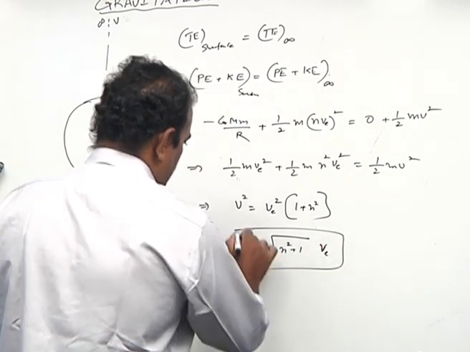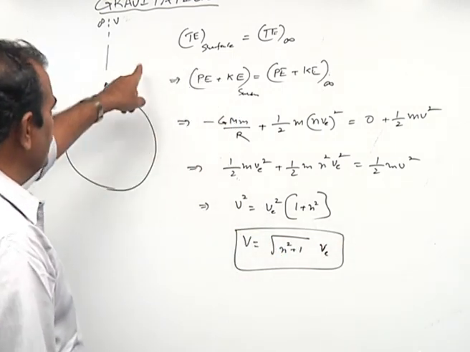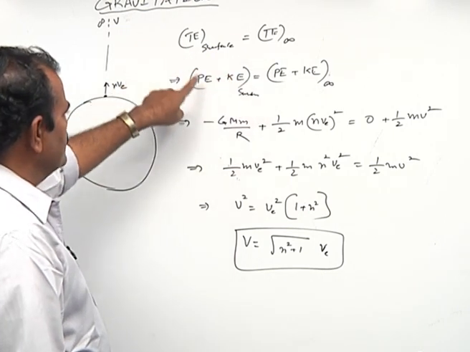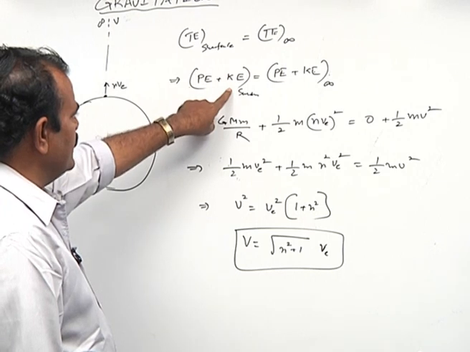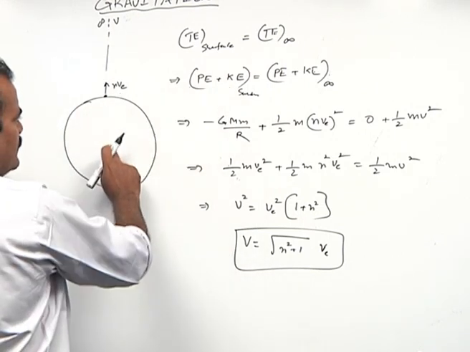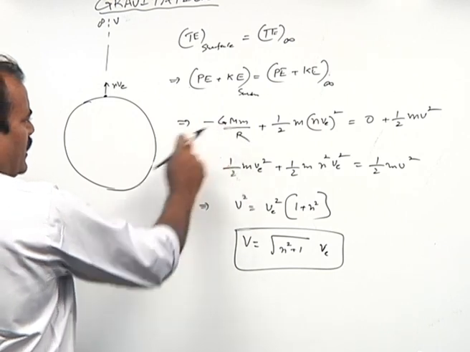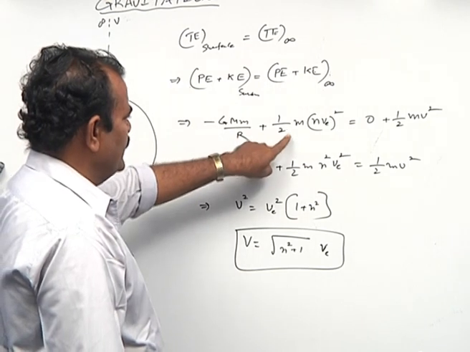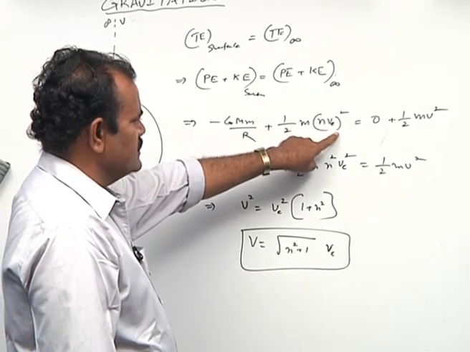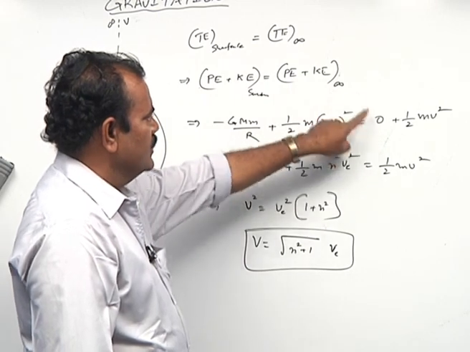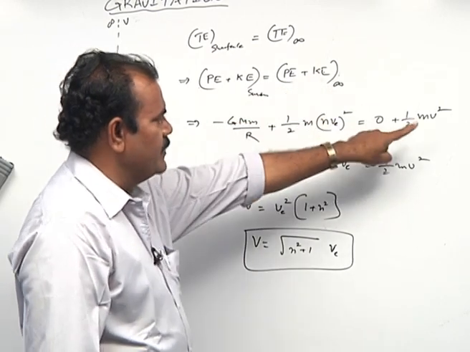Once again I tell you, first of all TE on the surface equals TE at infinity, and TE means PE plus KE. Potential energy on the surface of earth is minus GMm by R, and kinetic energy is 1 by 2 m nVe square. PE at infinity is 0, and KE at infinity is 1 by 2 mv square.